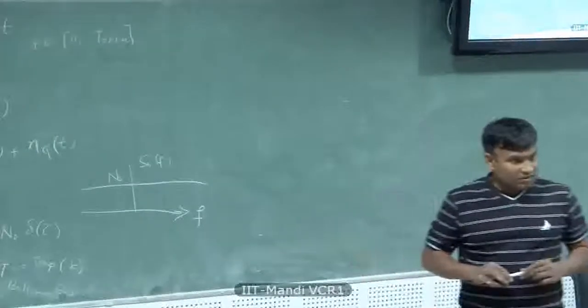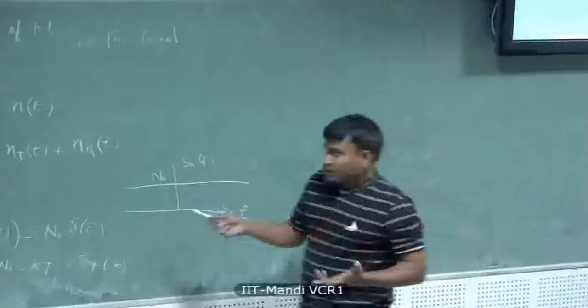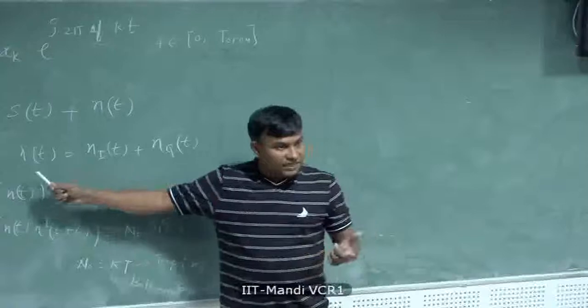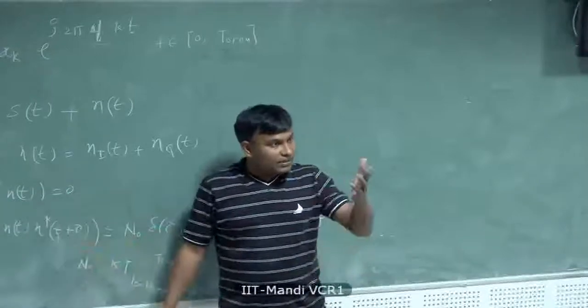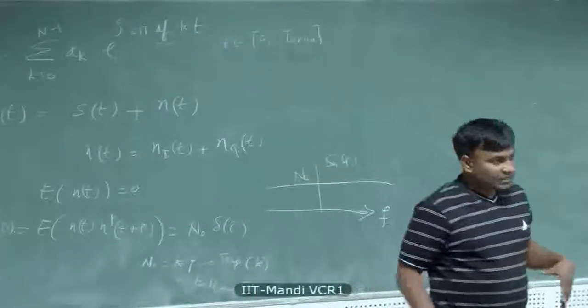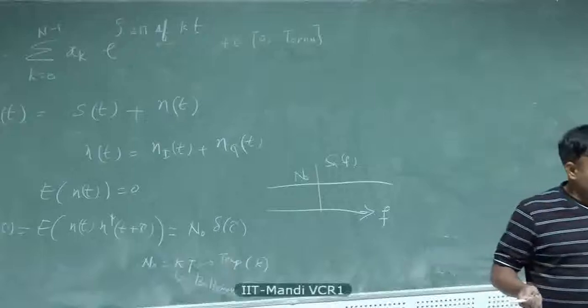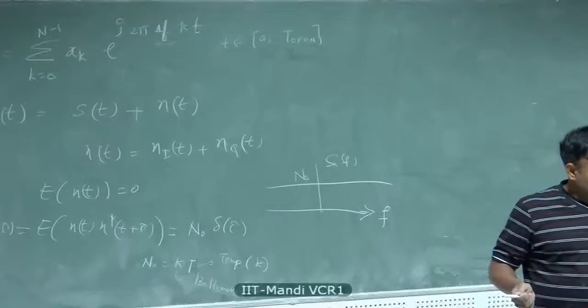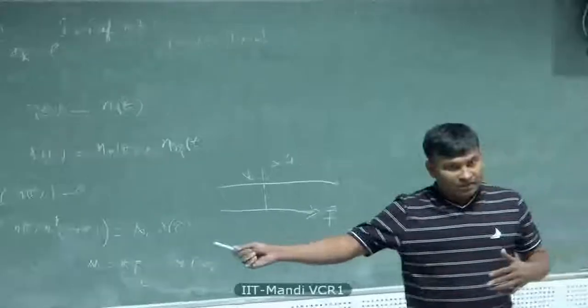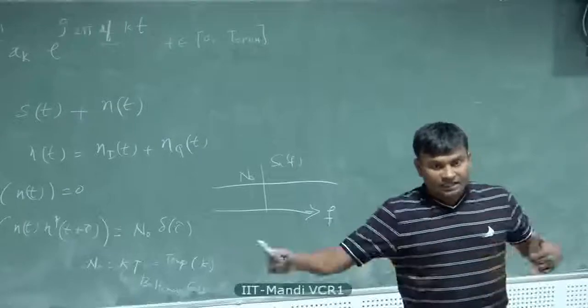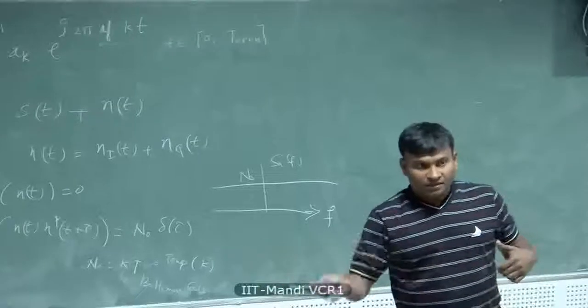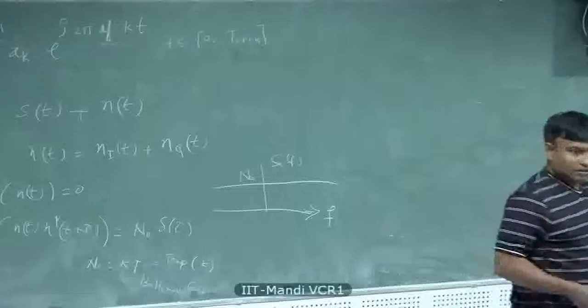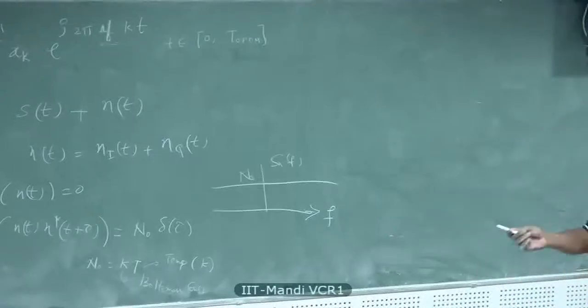That completely describes the additive white Gaussian noise. What is Gaussian here? The probability density function of this random variable n of t sampled at any given t is a Gaussian PDF. And if you take any other sample at a different t, they are statistically independent of each other, and both are Gaussian. So you can come up with a multivariate distribution function for that case.